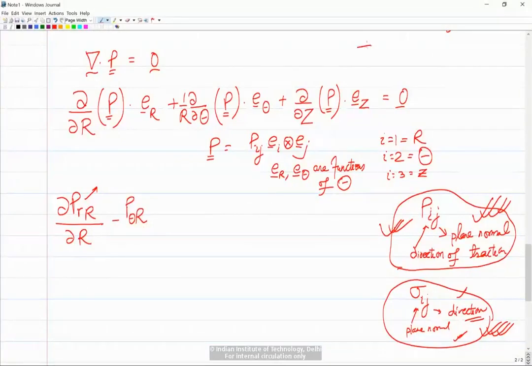If you recall, we said that T naught, that's a referential traction, is equal to big P into N, where big N was the undeformed normal. So therefore, the second index has to correspond to the undeformed normal. The second index from here.